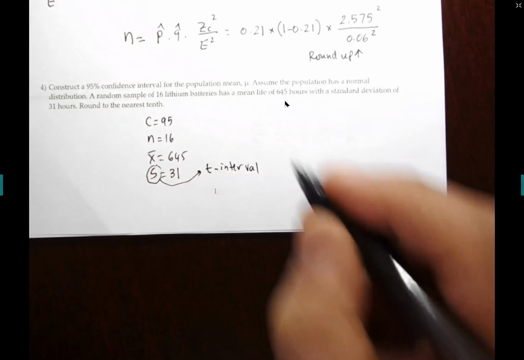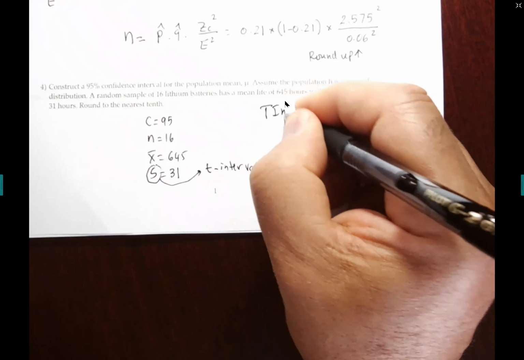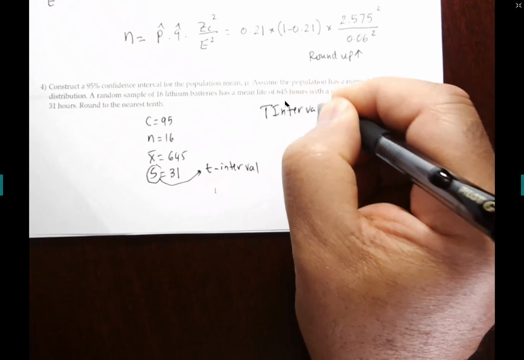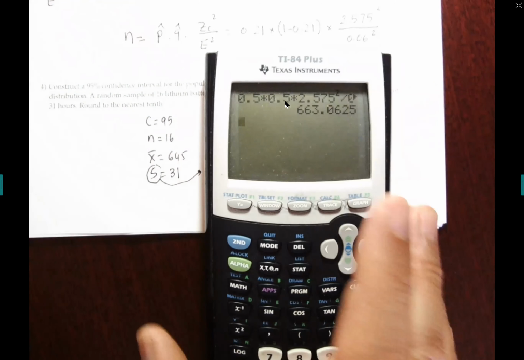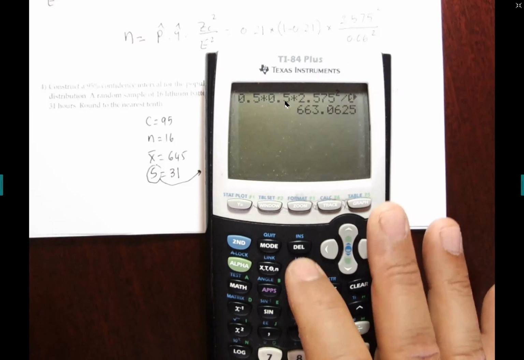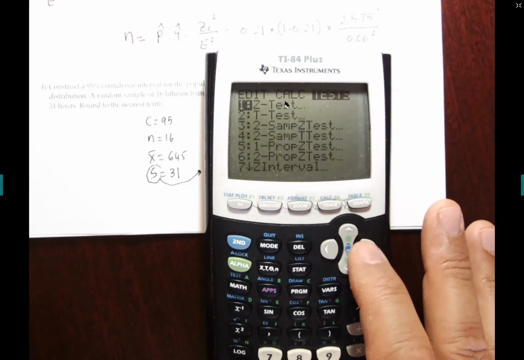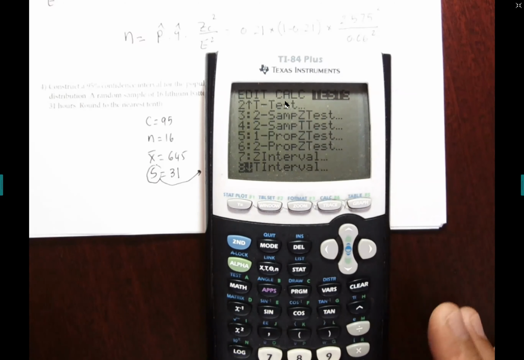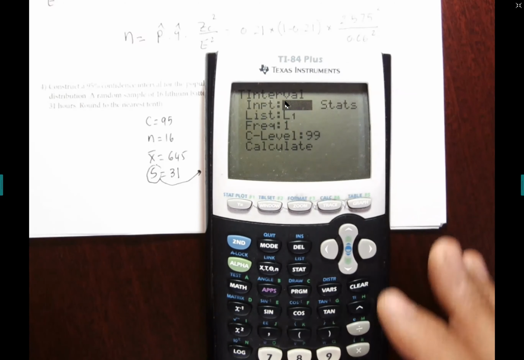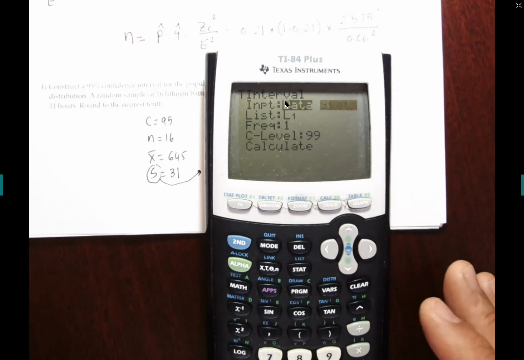And let's do it. I hope that's making more sense to you now. It does take a lot of practice just to be able to distinguish between the two, guys. So stat, tests, number 8, enter. I don't have data here. I have a summary, so it's stats.